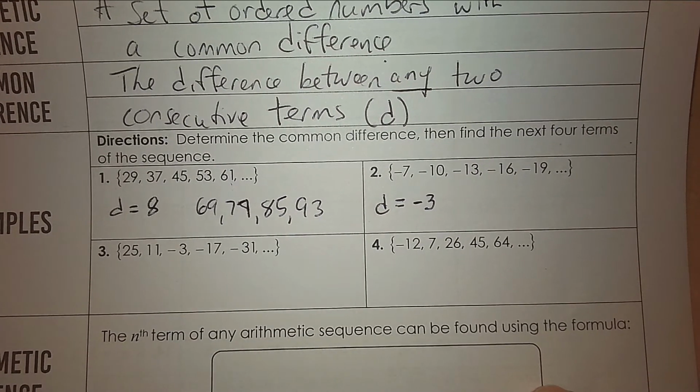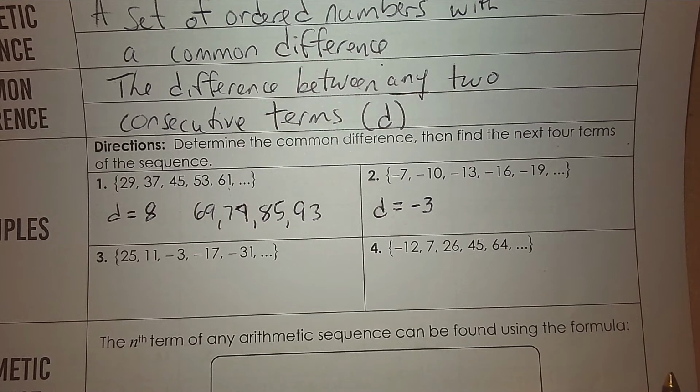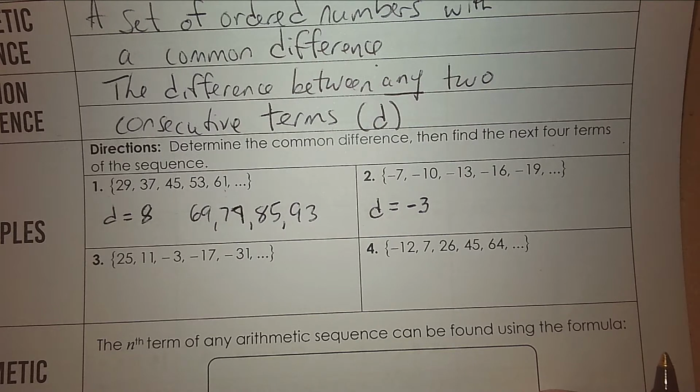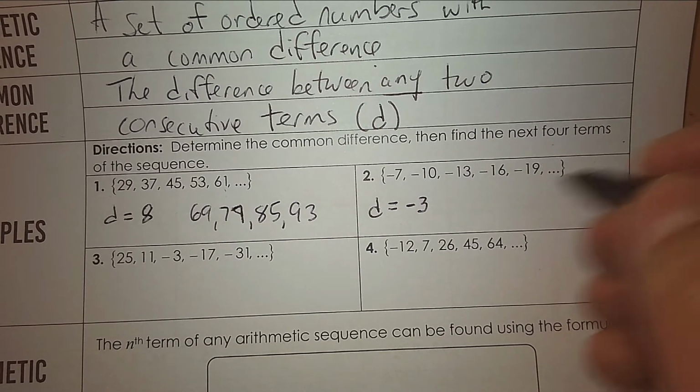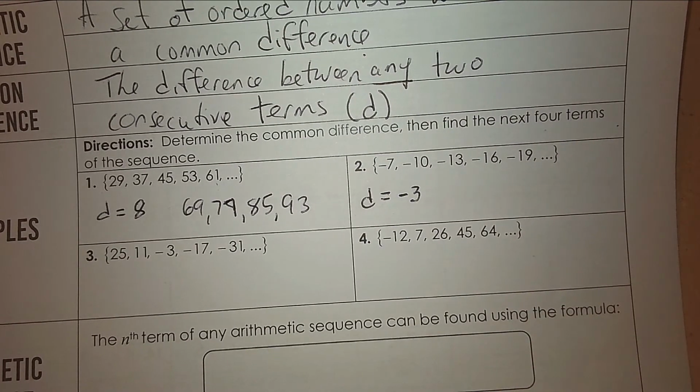Because when you look at negative numbers, it can be confusing, right? Because you have to think, oh yeah, the negative numbers that are getting bigger negative means it's really getting smaller. Negative numbers that are getting closer to 0 are actually getting bigger or greater. I know, just takes a moment to think about it. What are the next 4 terms? Write them down. I'll write them down. You write them down.